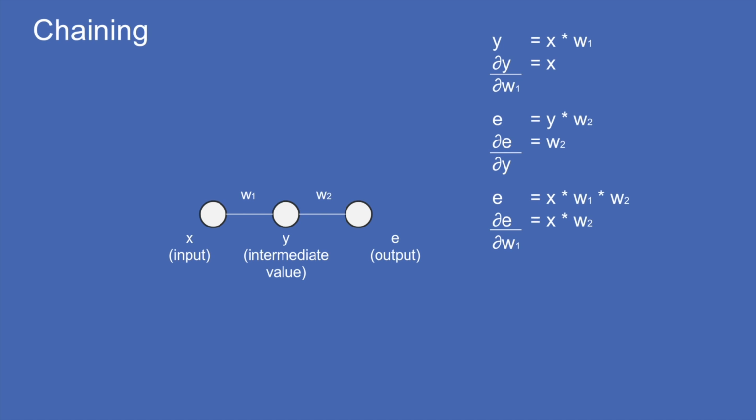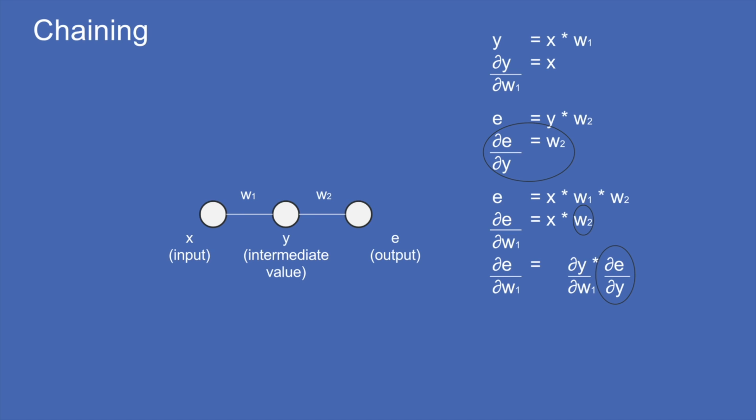And so if we want to calculate how much the error will change if I change w1, we just take the derivative of that with respect to w1 and get x times w2. You can see here that what we just calculated is actually the product of our first derivative, dy dw1, times the derivative for the next step, dE dy, multiplied together.